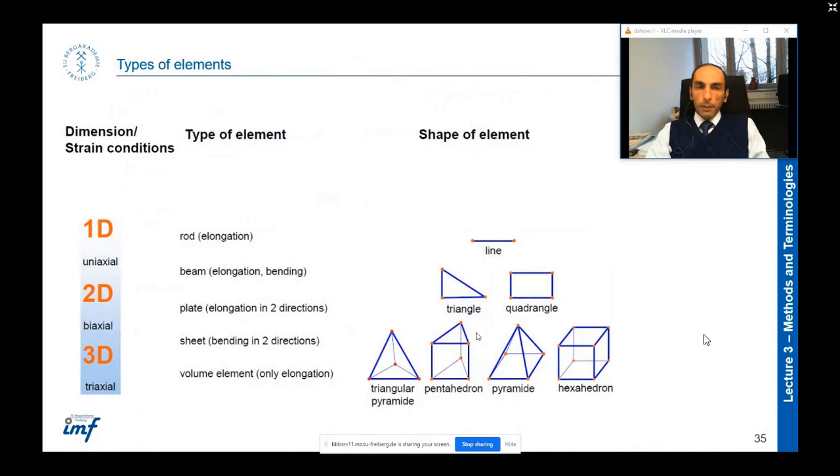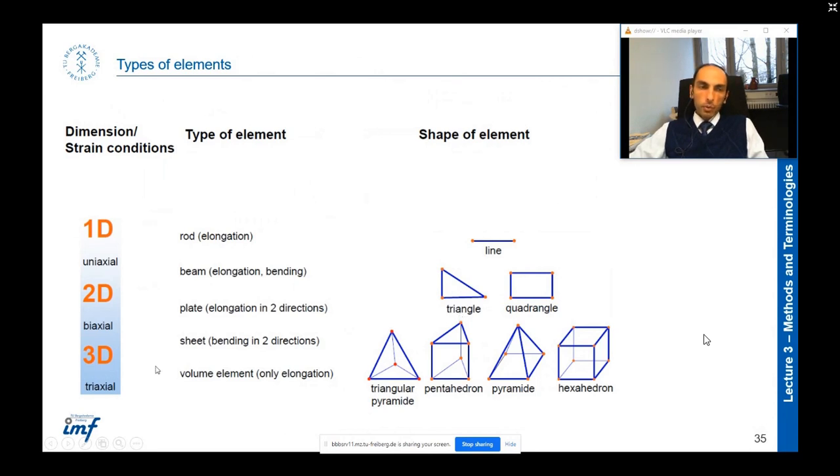As I said, we need to discretize the workpiece, and depending on the geometry, we have three types of elements: 1D elements, 2D elements, or three-dimensional elements. Of course, for a rod you can use a 1D element, and for beams you can use 2D elements like quadrangle or triangle elements.